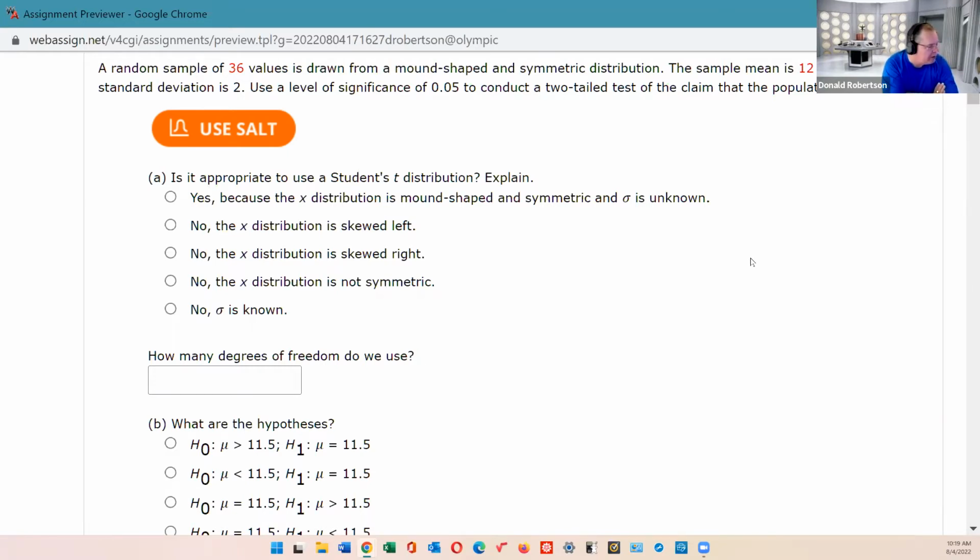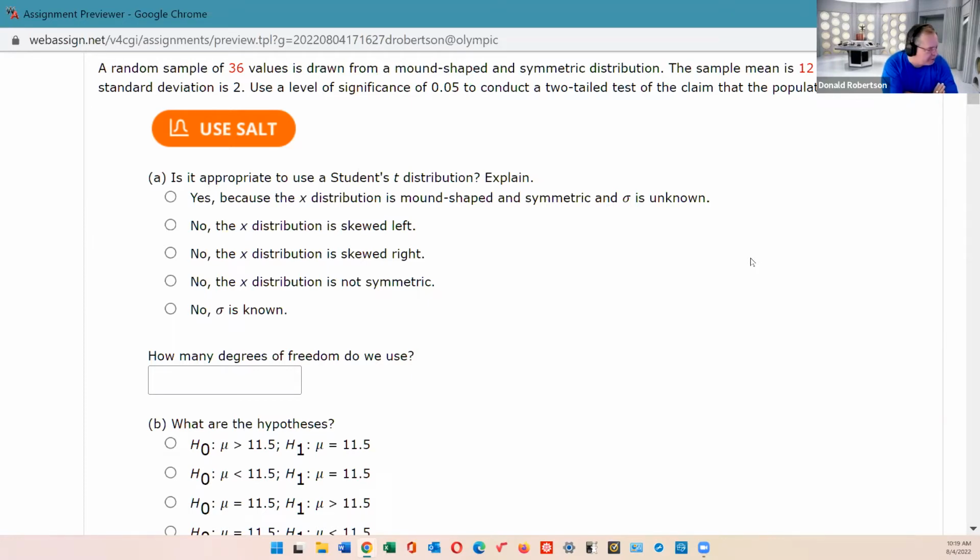The sample mean is 12, and the standard deviation is 2. And we're going to use a significance level of 0.5. So that's my alpha. And we're going to conduct a 2-tailed test. And the 2-tailed test is for the claim that the population mean is 11.5.